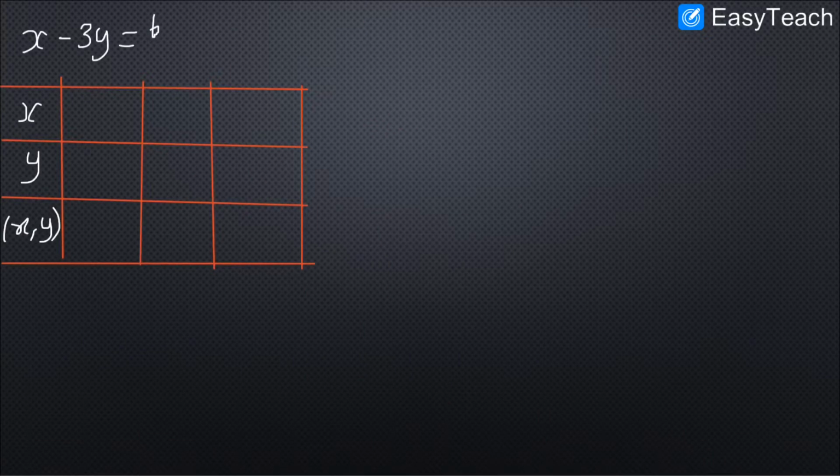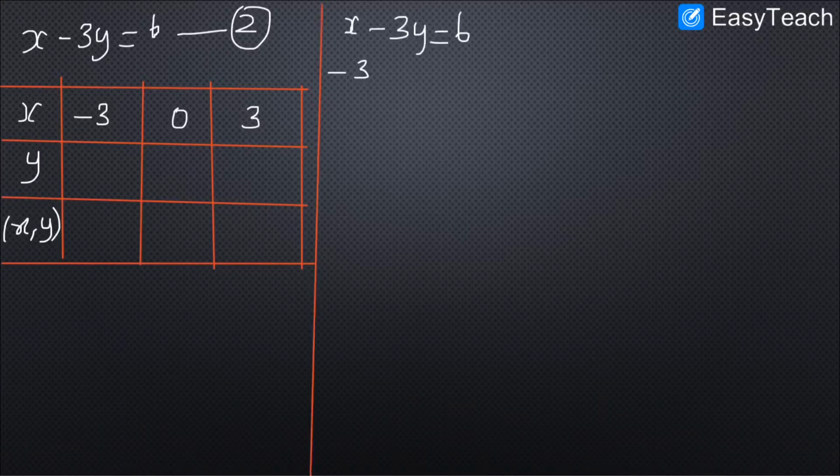Let's try to solve the second equation. Here also I take the values for x from minus 3 to 3: minus 3, 0 and plus 3. Since equation 2 is in the multiple of 3 format, choose either 3 or a multiple of 3, like we did in the previous equation.